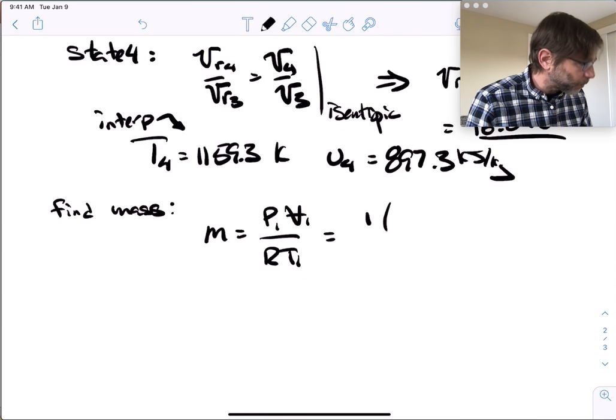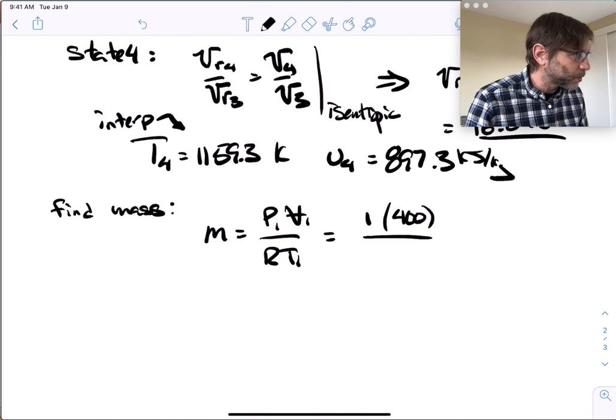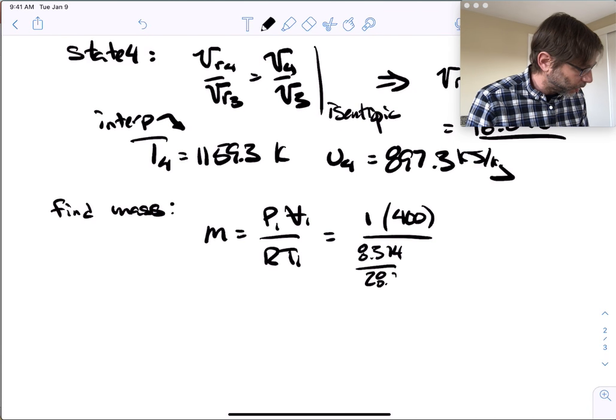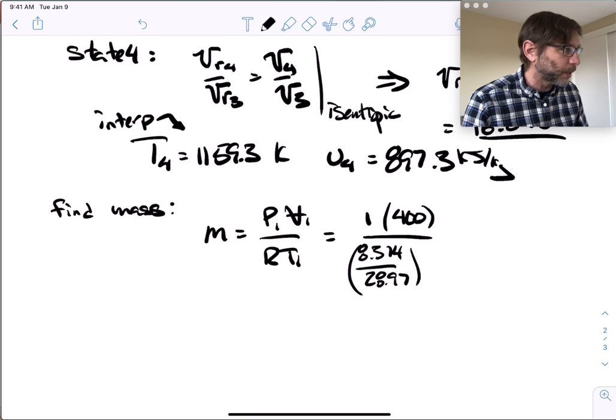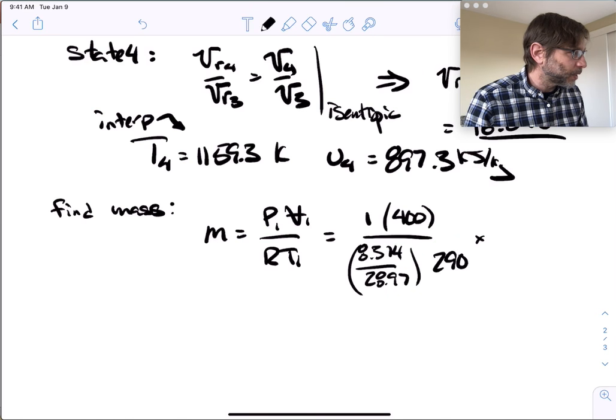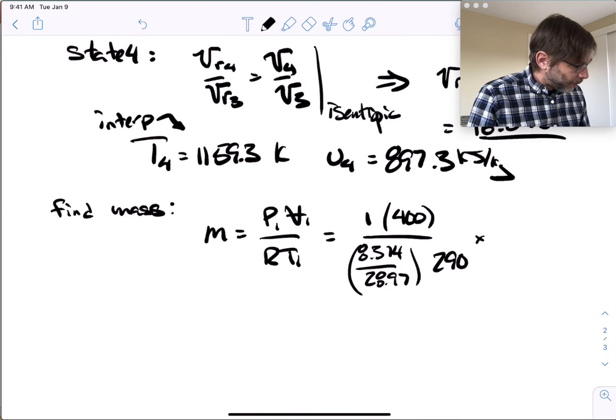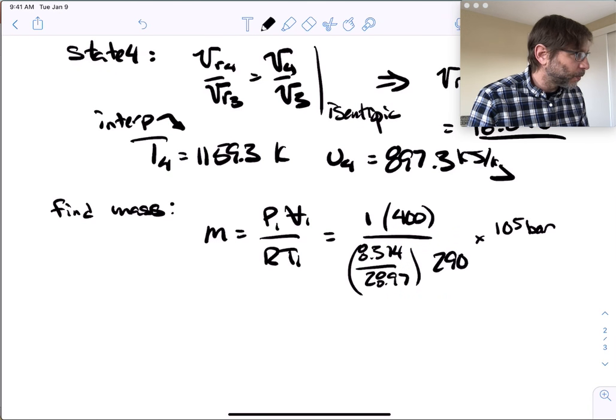So we have 1 times 400, and we're going to do a unit conversion to get that into meters cubed, over 8.314 divided by 28.97, remember, that's the molecular weight, times 290 K. We have bar, so we have 10 to the 5 pascals.